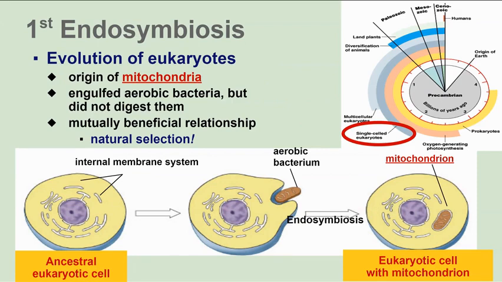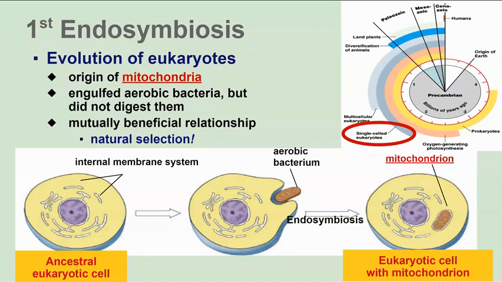So the ancestral eukaryotic cell benefited because this aerobic bacteria was producing lots of energy, enough energy in excess that the ancestral eukaryote could get some. And the aerobic bacteria benefited because it got some of the nutrients and resources from the ancestral eukaryote to be able to do its metabolic activities, and then also protection from environmental hazards.